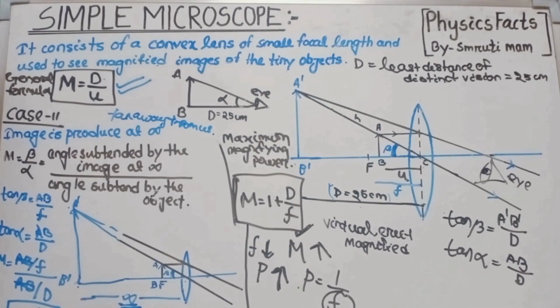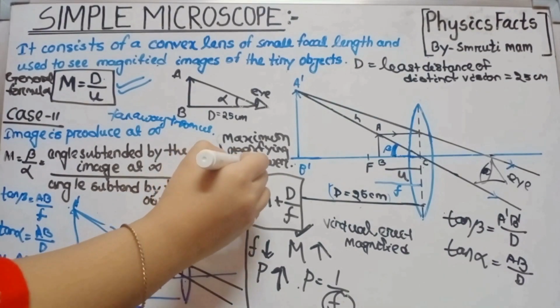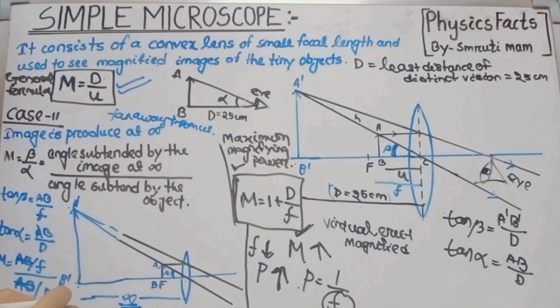Okay, the first one is the greatest or maximum magnifying power, and this one is the minimum magnifying power. Okay, students, I think you are all clear about it.